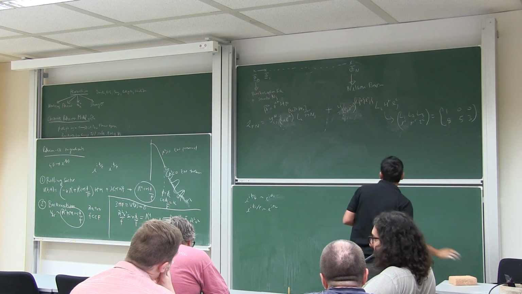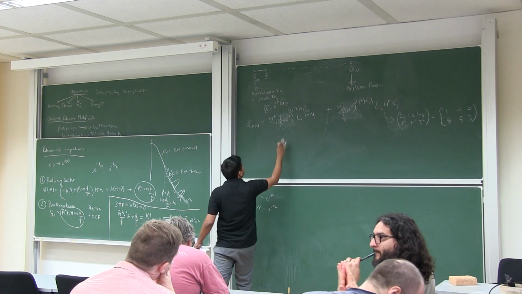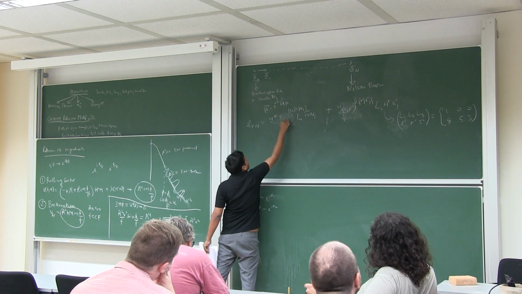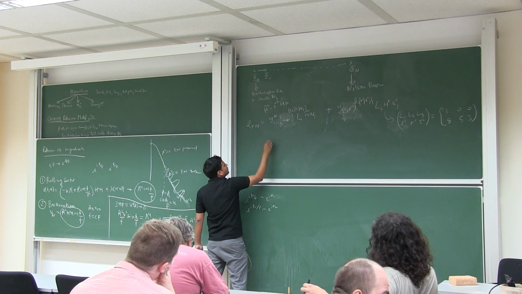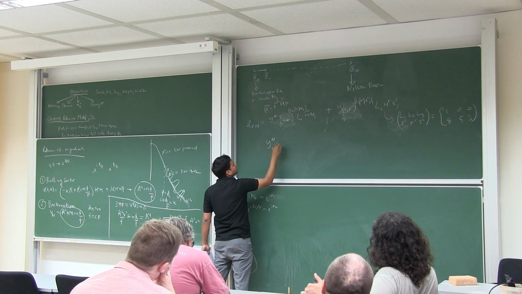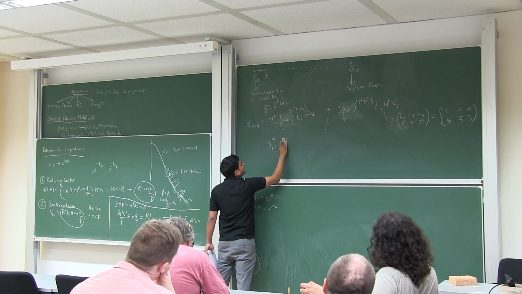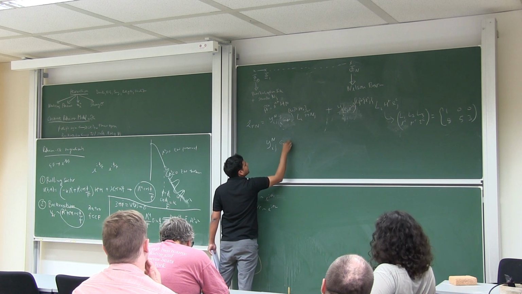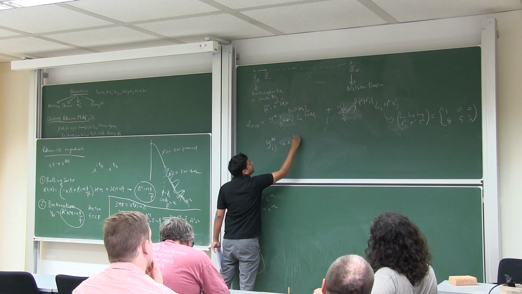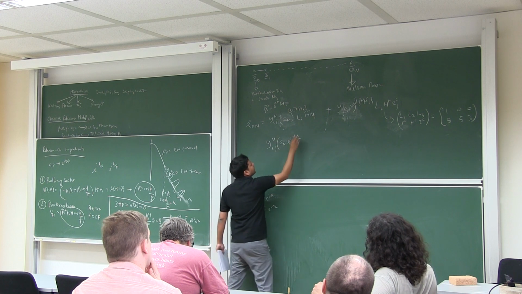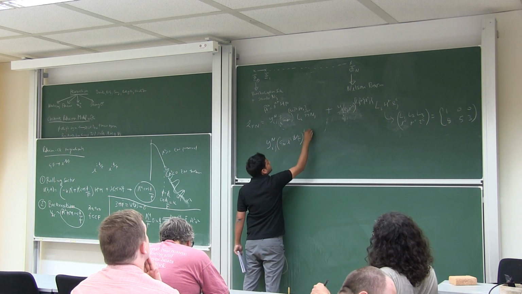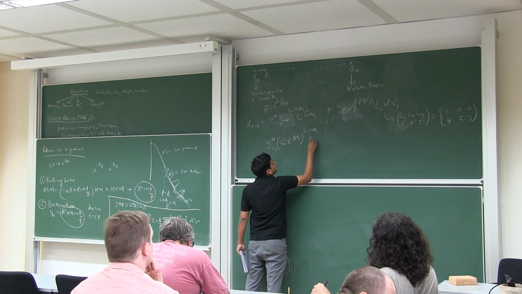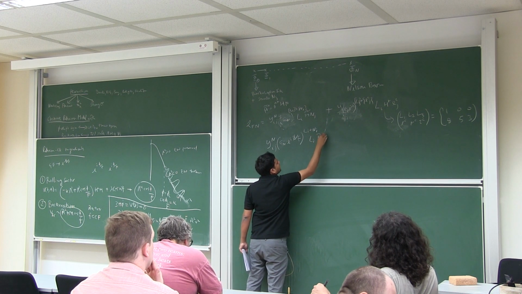So let me focus on this first term here. Let me write it with the full relaxant field. So the first term here is something like, let me now go to epsilon n times e to the I f to the Li plus h.